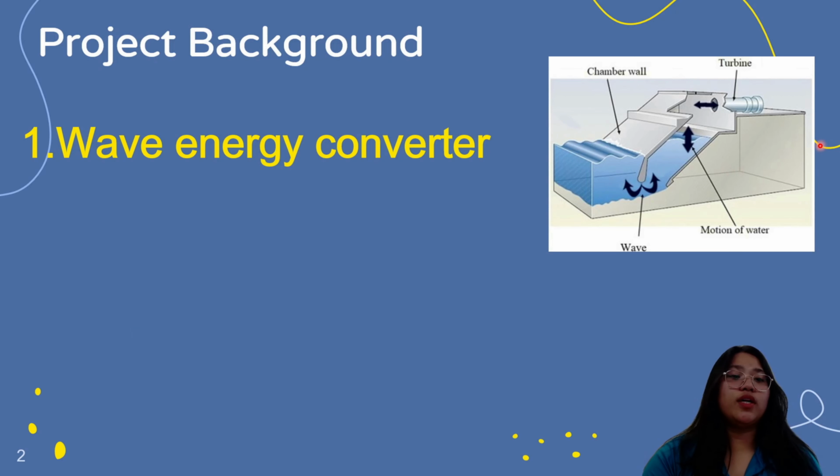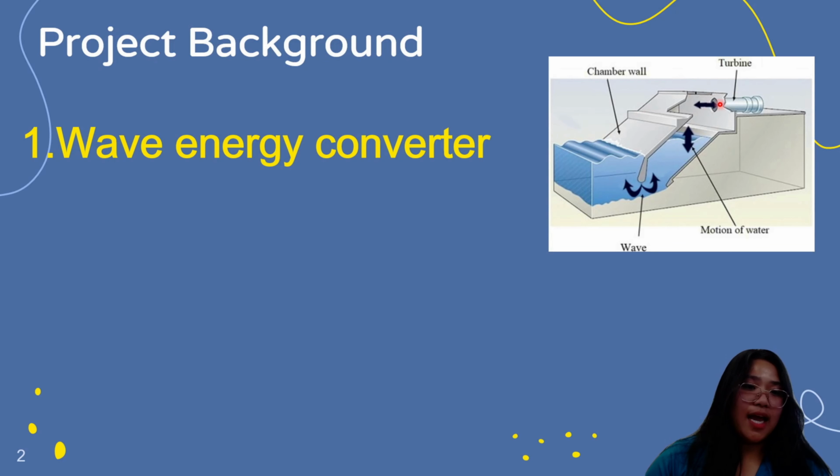An oscillating water column converter uses the heaving motion of the wave. It has an air chamber and a turbine, and as the wave goes up and down, it generates air flow, which in turn turns the turbine. There's an energy converter inside this turbine, and it basically turns that motion into energy.